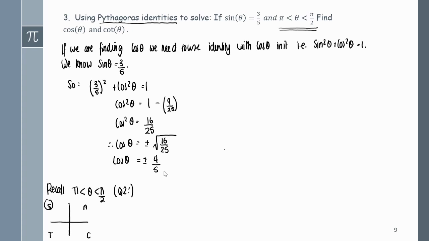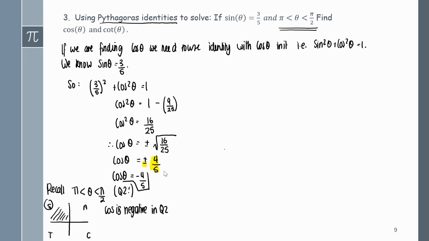That means that cos theta is in the second quadrant. This is the quadrant where only sine is positive and cos is negative. Therefore, my only solution is the negative 4 over 5. So finally, our answer for cos theta is just negative 4 on 5.